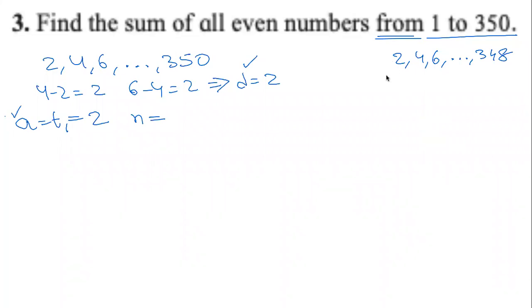If we had counted 1, 2, 3, 4, 5, 6 till 350, then the number of terms would have been 350. But our counting here is 2, 4, 6. We are skipping one each time, even numbers. So the number of terms is 350 by 2 equals 175.